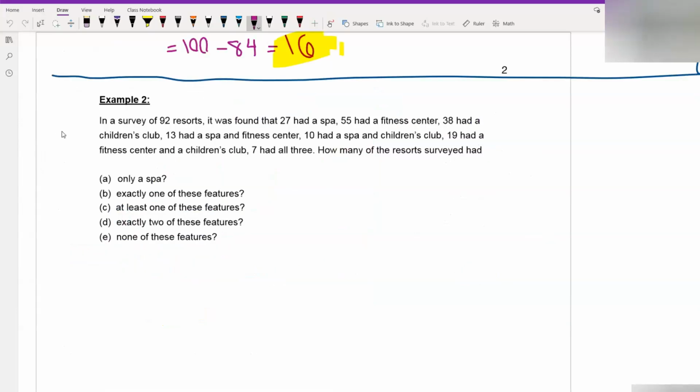Example number 2. In a survey, here we have total is 92. It was found that 27 had a spa, 55 had a fitness center, 38 had a children's club.